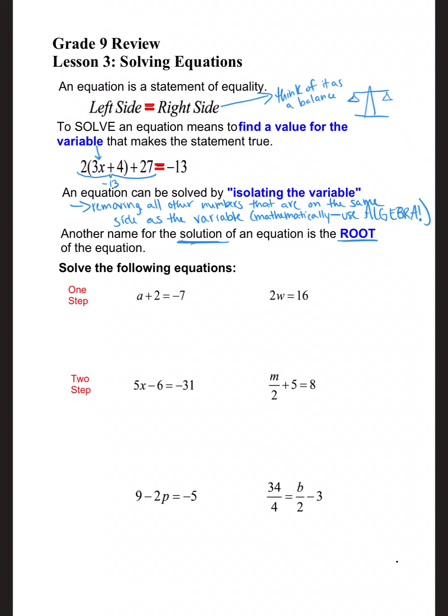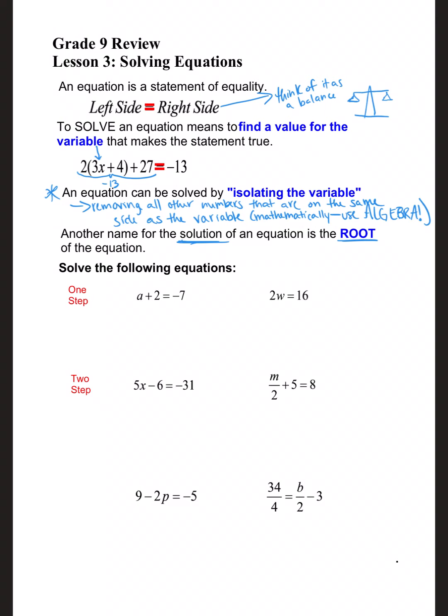If we have a plus 2 equals 7, in order to solve this, as we mentioned above, we need to isolate that variable by removing all the other numbers. So we need to remove that positive 2 from the left side of the equation. The way that we're going to move it is we're going to subtract it.